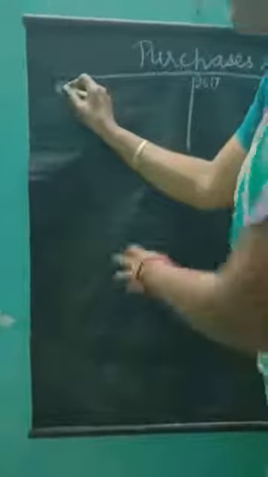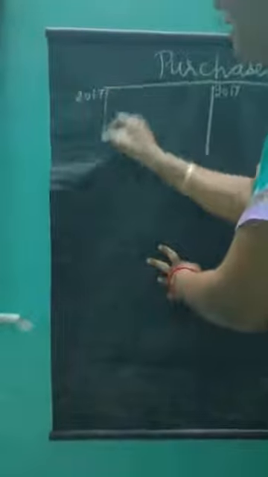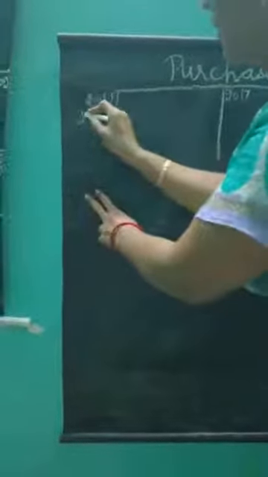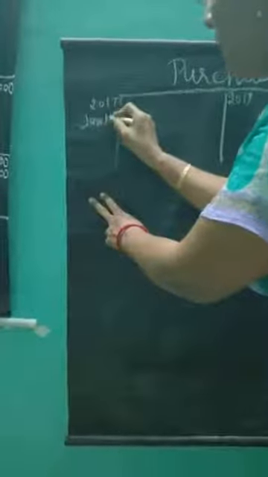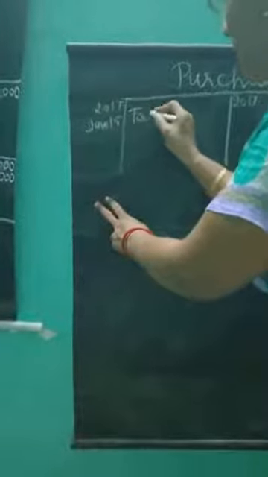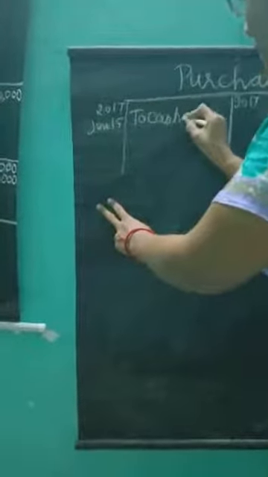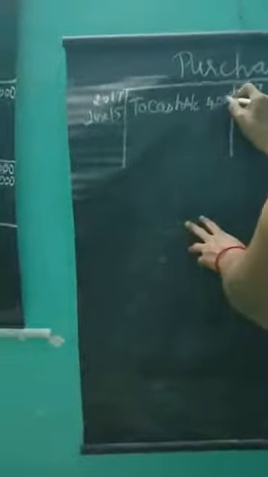In that purchases account, you have to write 2017, June 15, to cash account. What is the amount? 4,000. I am writing in the outer column only, girls. In both sides you have to write the year. Why? Because we want to balance the amount. So I have written the year on both sides.